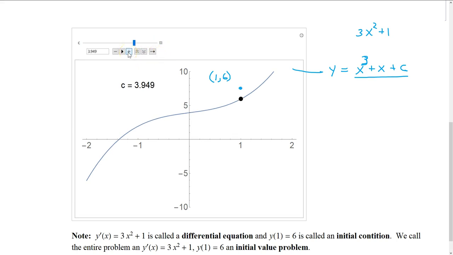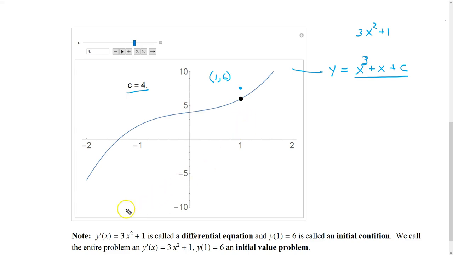When we pick the one that goes right through that black dot, that's the one where c is equal to 4. And that's the one solution that passes through the point (1, 6). So that's graphically what's going on with this problem.